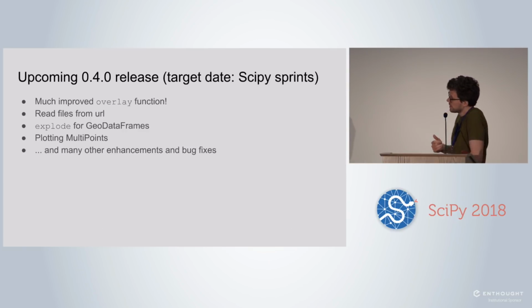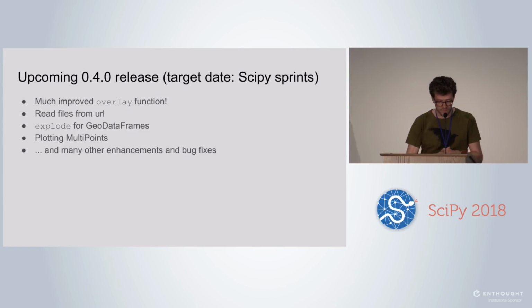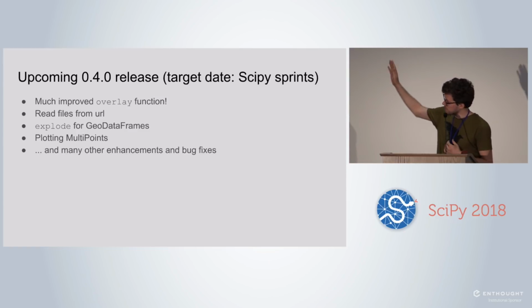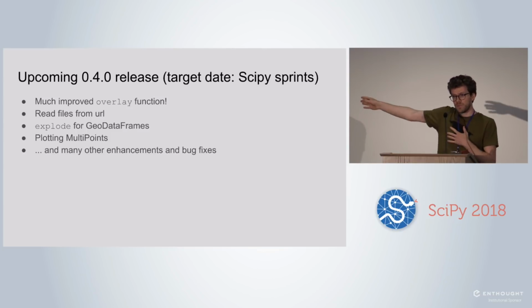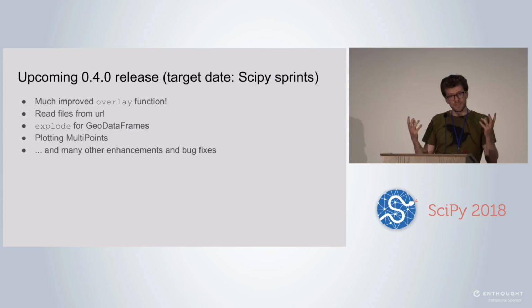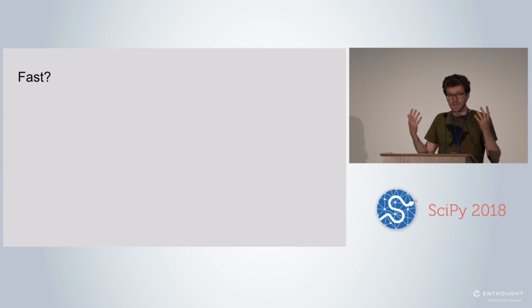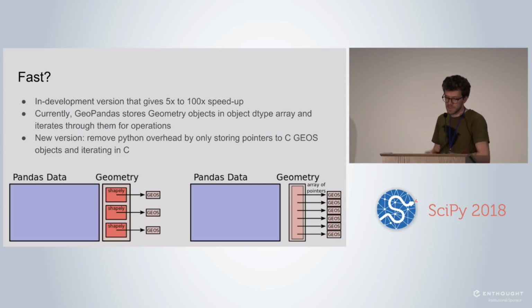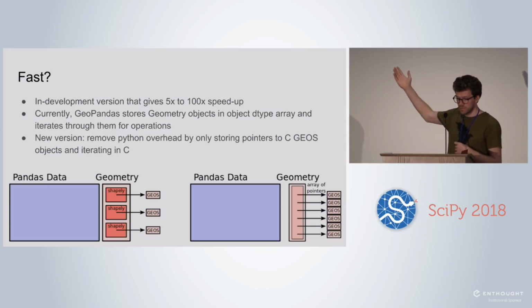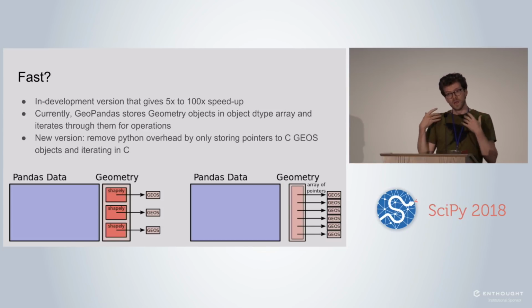There is an upcoming release that I hope to be able to release somewhere during the sprints or after, with a much improved overlay function and some other very nice functionality. So the current GeoPandas, or the next release, makes it easy to work with geospatial data. Is it also fast? Depending on the size of your data, it's not that fast, but there is an in-development version currently based on Cython to provide very nice speed-ups.